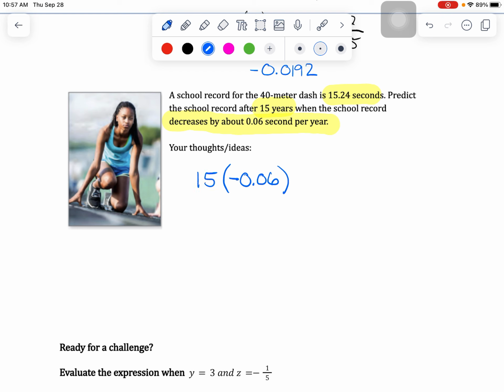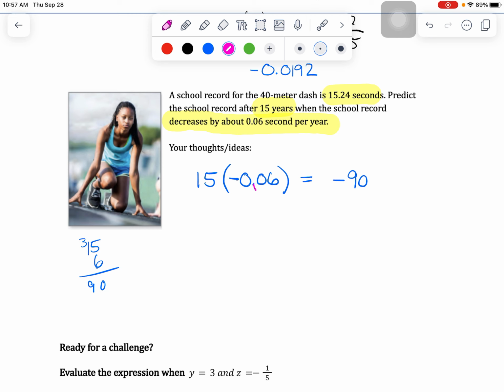Okay, so in order to multiply those two numbers, I'm going to pretend that that sign doesn't exist. So I'm going to do 15 times 6, which is going to give me 90. Okay, I have a positive times a negative, so I'm ending at negative 90.